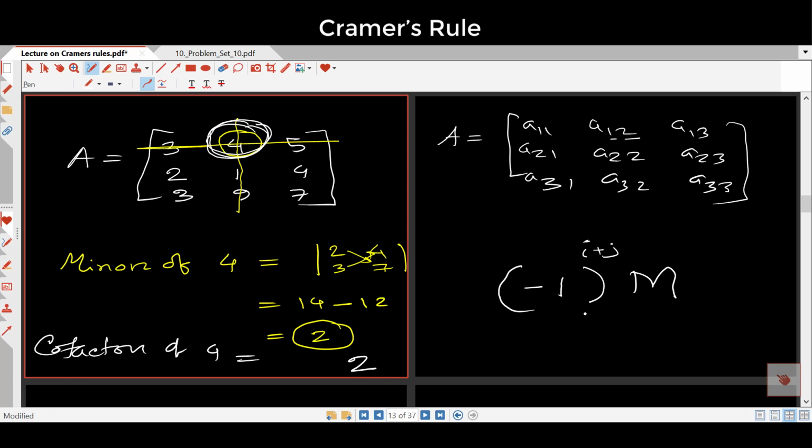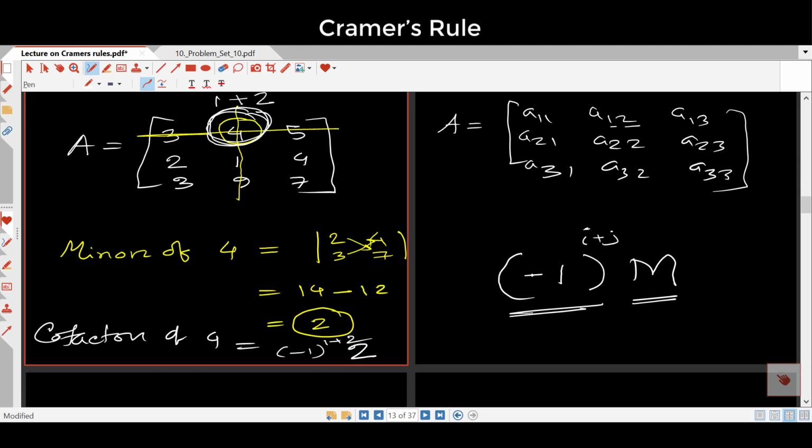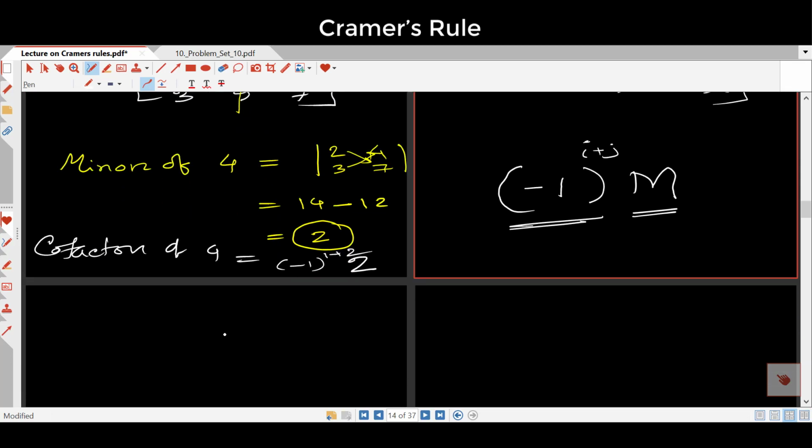The cofactor will be (-1) power something plus something times M. Its position is at first row, second column, so 1 plus 2, i plus j. That means the cofactor of this 4 will be (-1) power 1 plus 2 times 2.